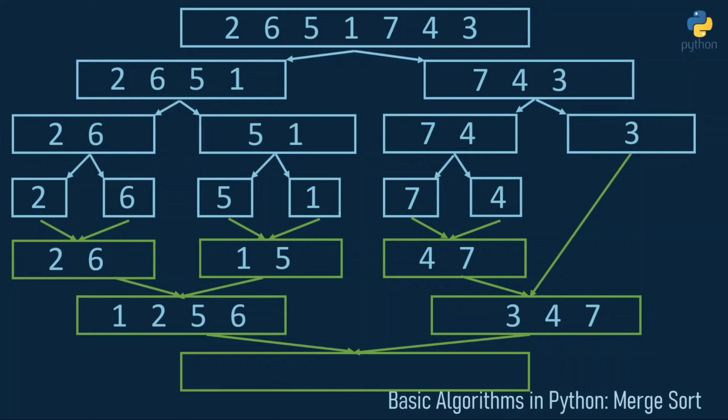So the finishing step. First we put the 1, of course, and then we compare 2 and 3, and 2 will be first. Then 5 and 3, so we put 3. 5 and 4: 4 is lower than 5, so 4. Then 5 and 7, so 5 will be less than 7. 6 and 7, of course, 6 will be less than 7.